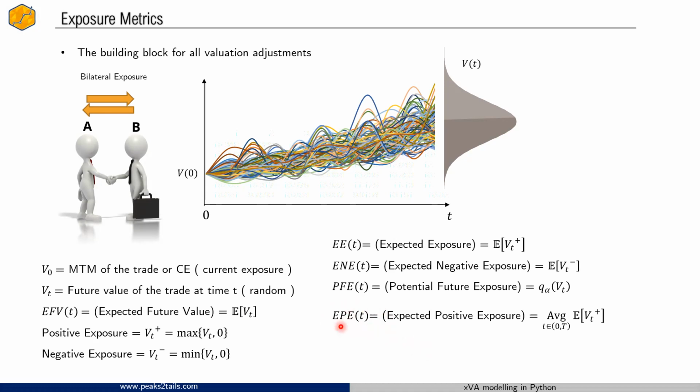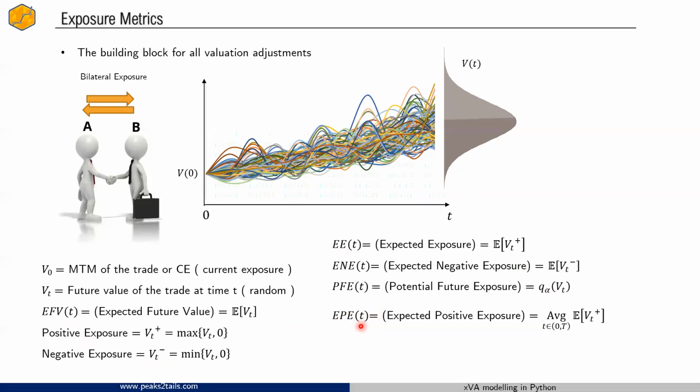EPE is very natural, expected positive exposure. You know what? Actually, this T does not make sense. There's a typo. Forget about this T. So see, all of these are functions of T. That means where you're standing, at that point, you have an entire distribution. On that distribution, you are calculating all of these metrics.